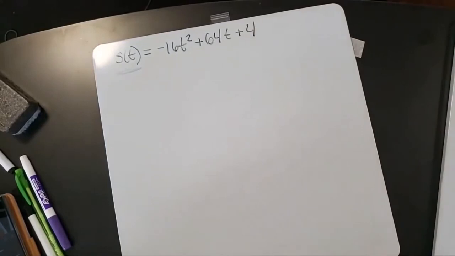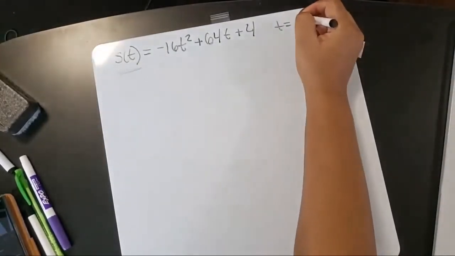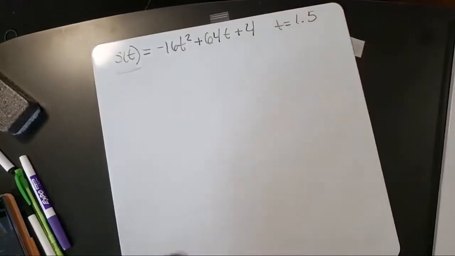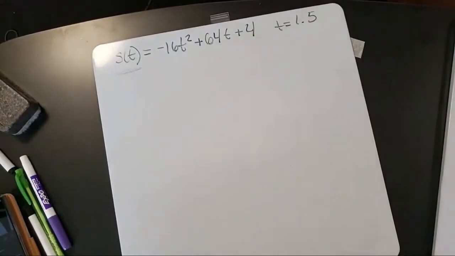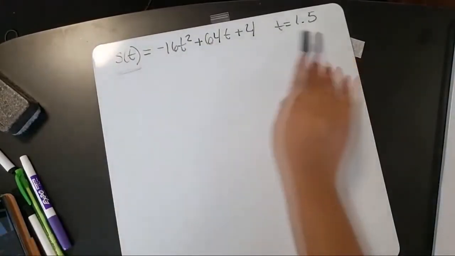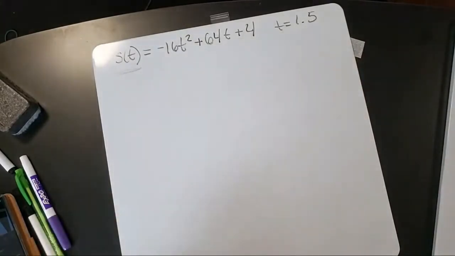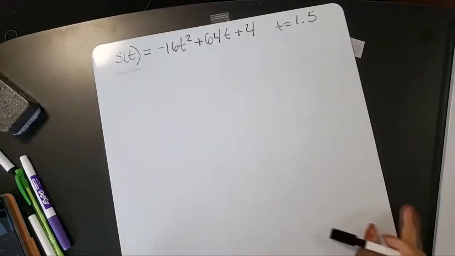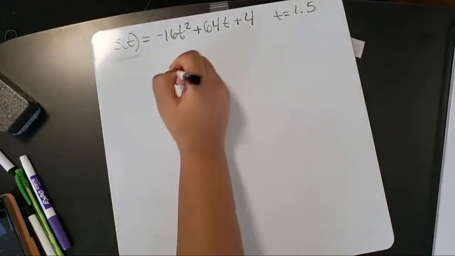So for this particular question, they tell us that t equals 1.5. So this is one of the ones where I will pull out my calculator, because y'all might not want to be doing this by hand or in your head. But this example is basically just to show you guys how this works.